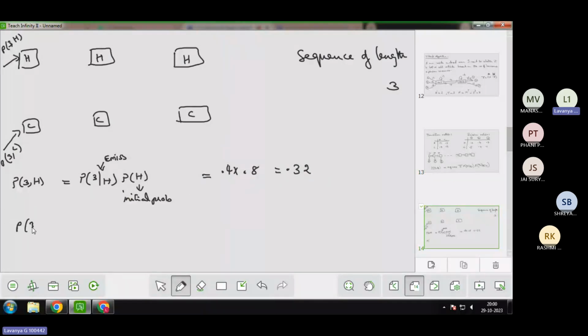Similarly, probability of 3, C. This value is equal to probability of 3 restricted to C into probability of C, which is again the initial probability.